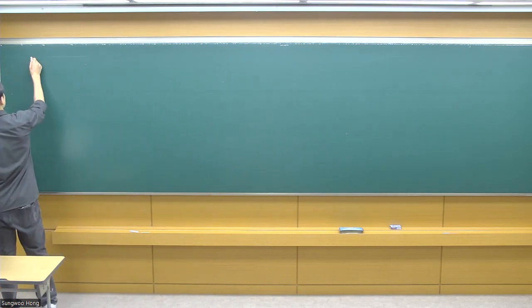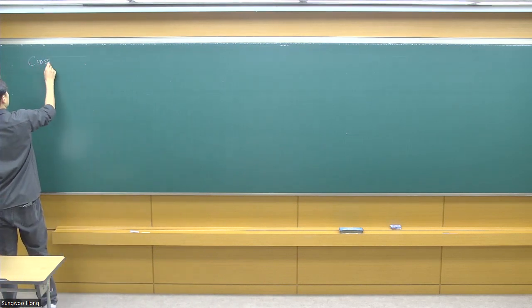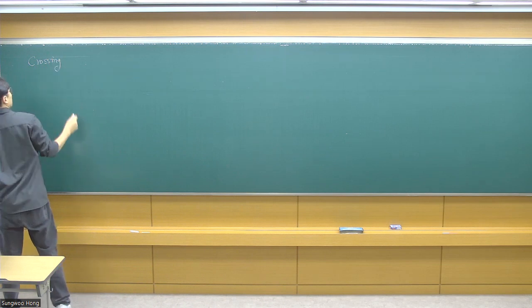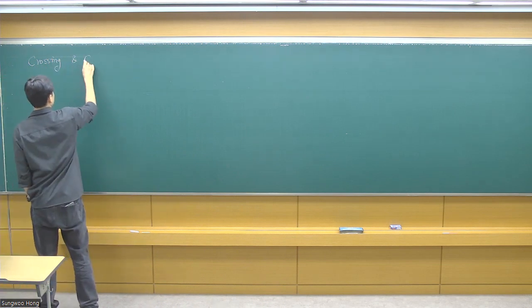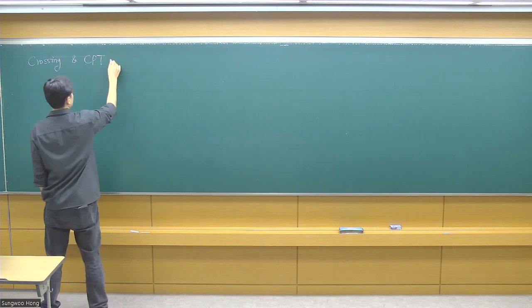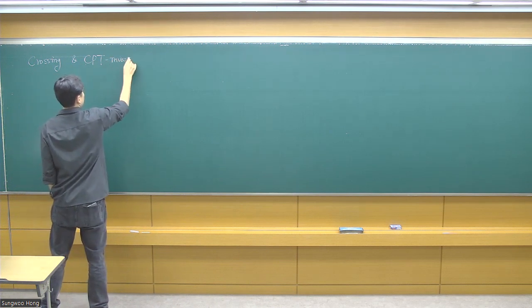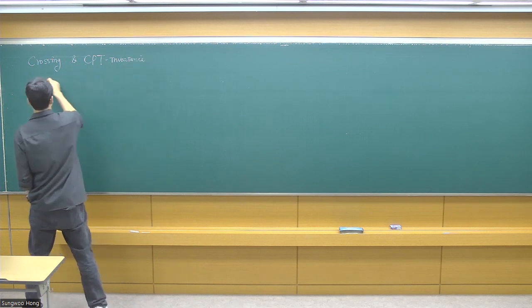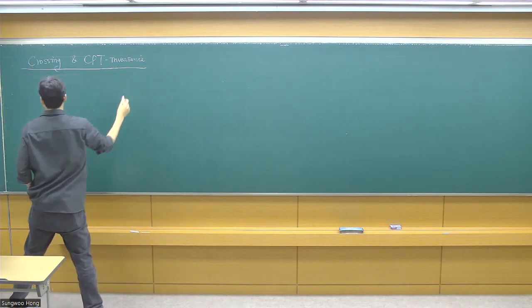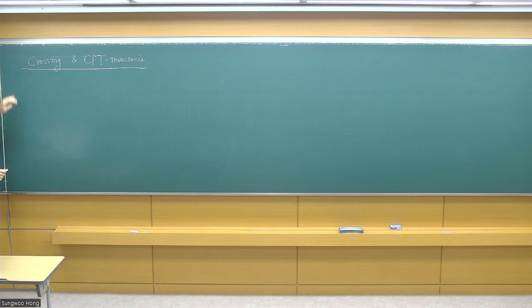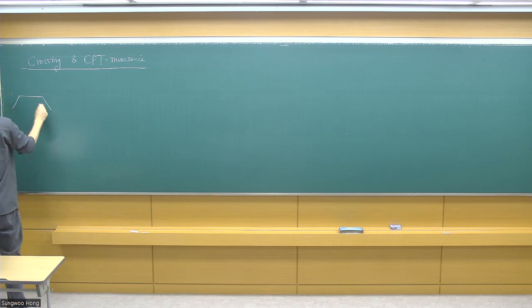All right, so let's first talk about crossing. And then we're going to talk about CPT invariance, so CPT symmetry. To set up the crossing, let's recall the following process. We talked about this type of process, right?